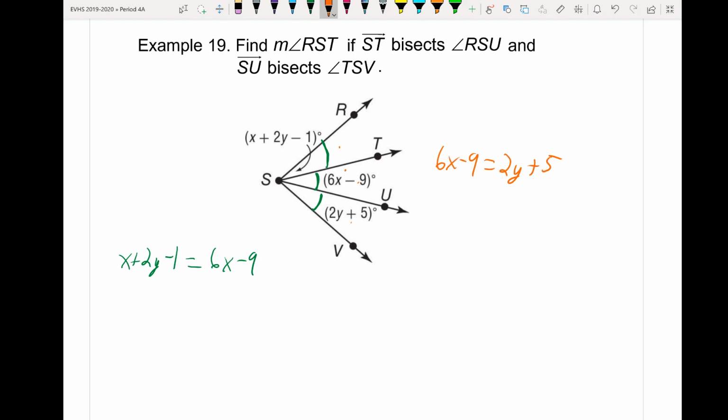So I'm going to collect all my variables on the left and everything else on the right. So let's do our green equation first. I'm going to subtract the 6x. That gives me negative 5x plus 2y equals, add the 1 to the other side, and it gives me negative 8.